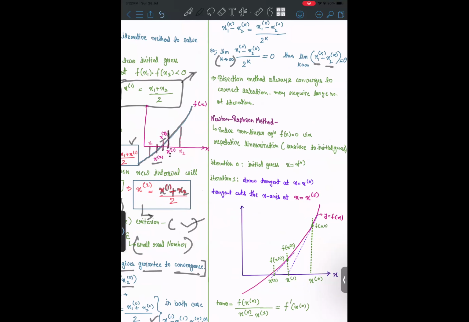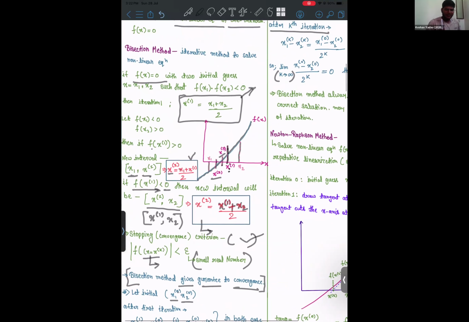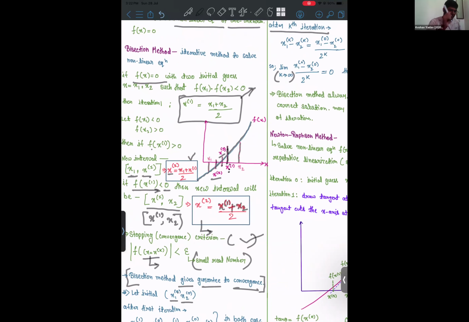In this bisection method, is there any condition to choose the initial two guesses? As such, no condition, but you need to make sure that the function values are of opposite signs at these two guesses.